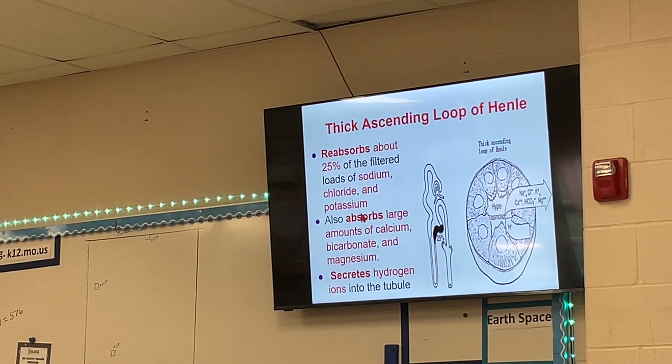And that's why that secretion and reabsorption gets a little weird when you learn those words. Hydrogen ions are coming into the tube, and the sodium and all of that is being reabsorbed back into the blood. That's what that means.